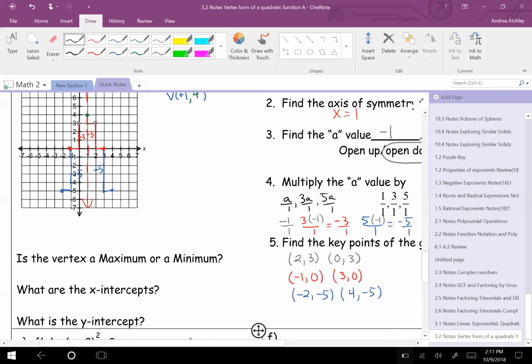And so this is my parabola. Any questions over that?